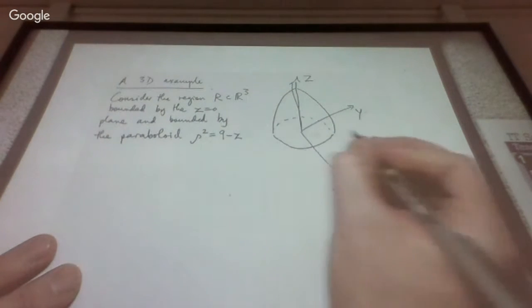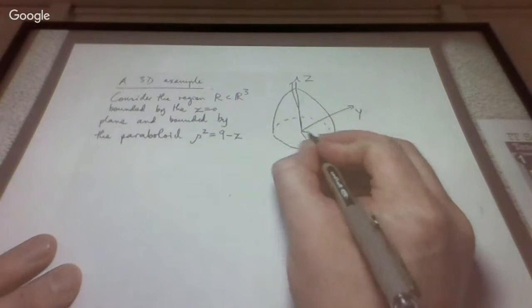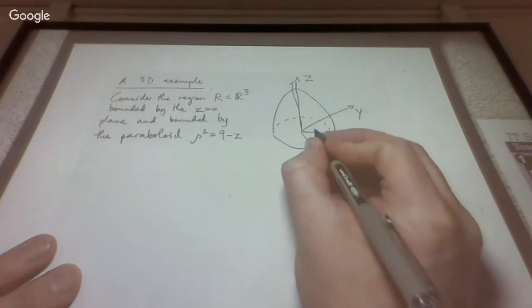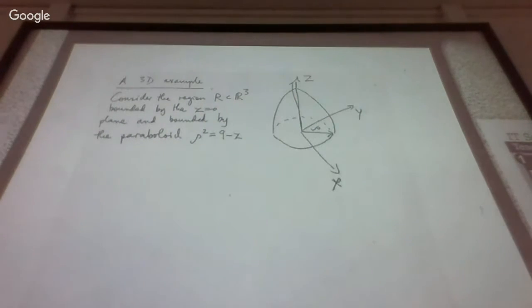Now remember, in the cylindrical coordinate system, rho, Greek letter rho, that represented the length of the projected radius of the point. So a point in 3 dimensions has a radius, which is the line connecting it to the origin. And rho is the projected radius. When you project the point vertically down onto the xy plane, or vertically up, if the point is below the z equals 0 plane, rho then is the length of the projected radius.